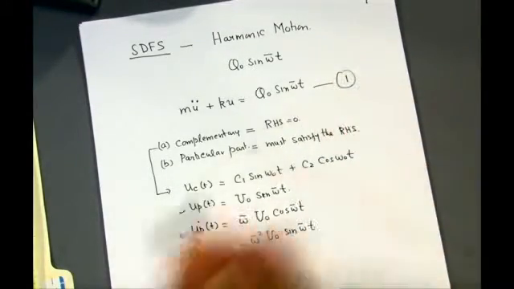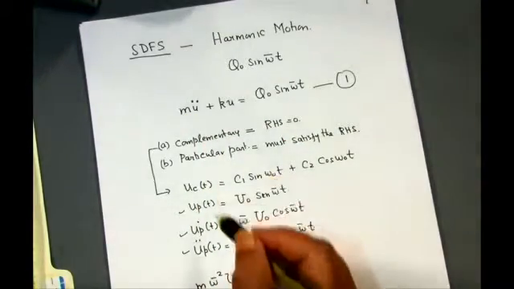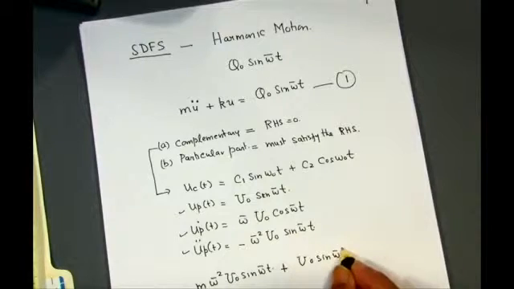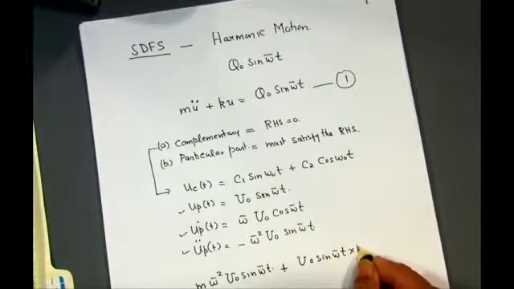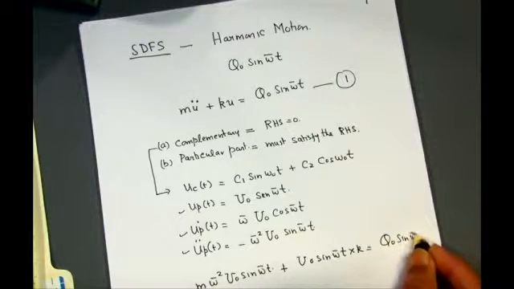Let us call that equation 1. So let us do that. We have acceleration, which will be minus m omega bar square u0 sine omega bar t. So that is the first term, plus we have displacement, which is u0 sine omega bar t times k, and then we have q0 sine omega bar t.